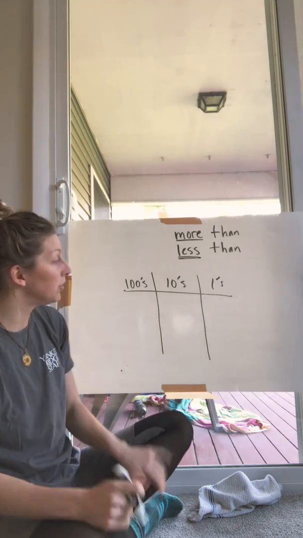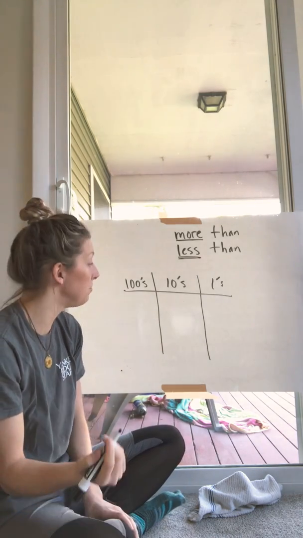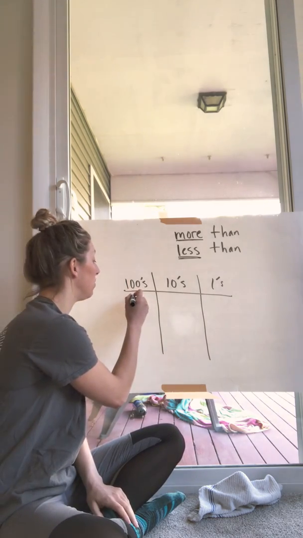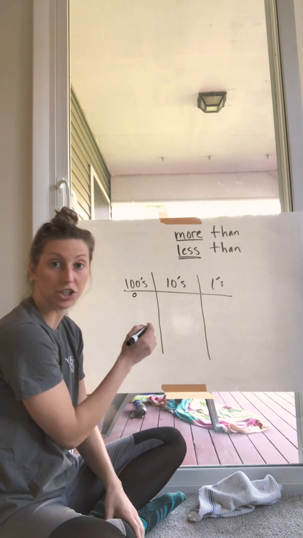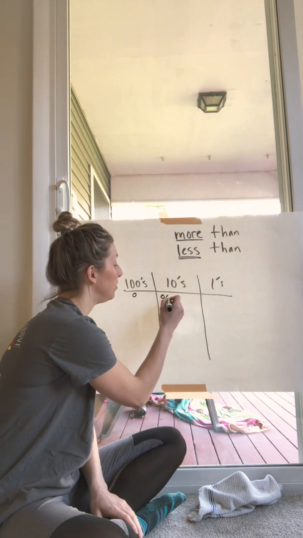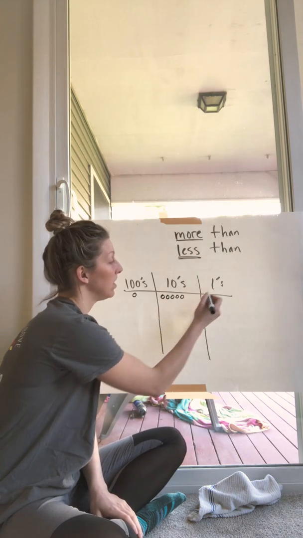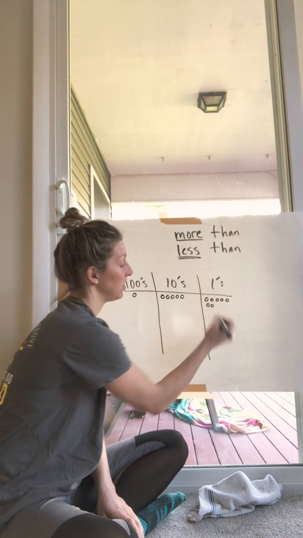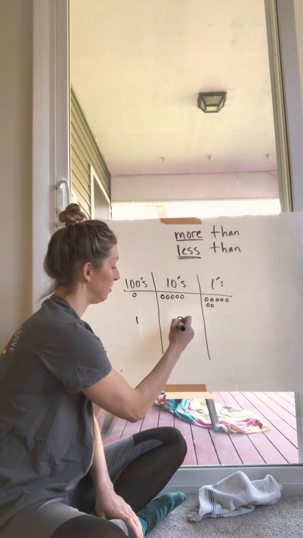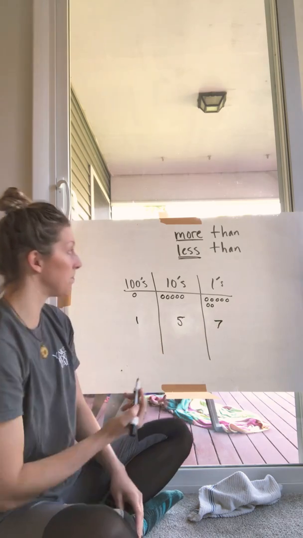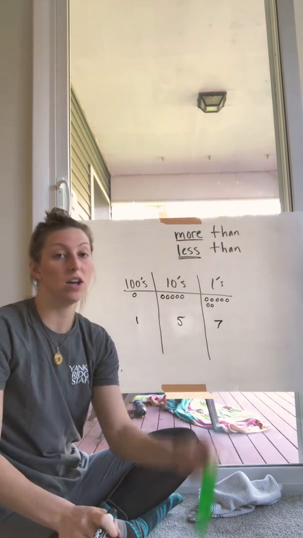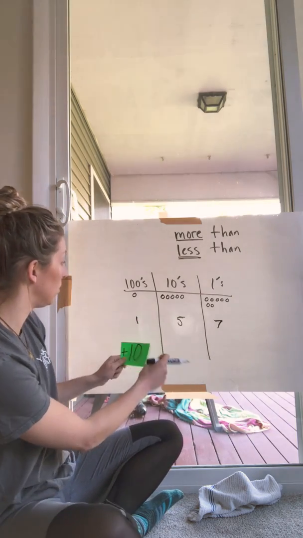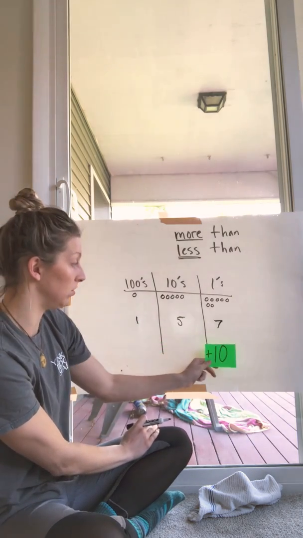So the first problem I want to put up there is 157. So I'd put my 100 chip, 150, so 5 tens, and 157, 5, 6, 7. If I said, what is 10 more than 157? What place value is changing?